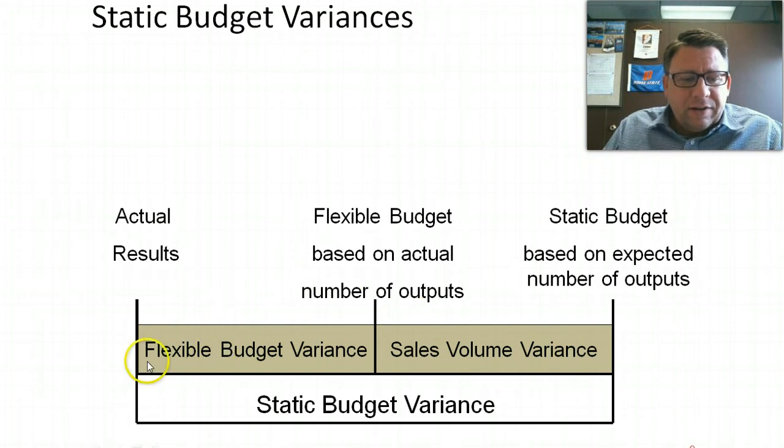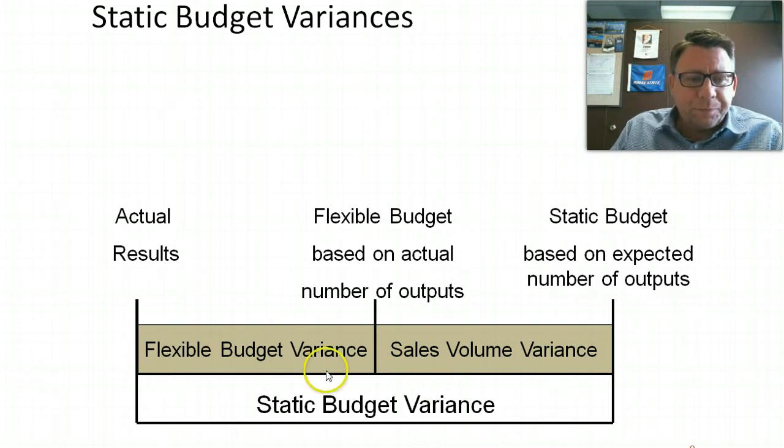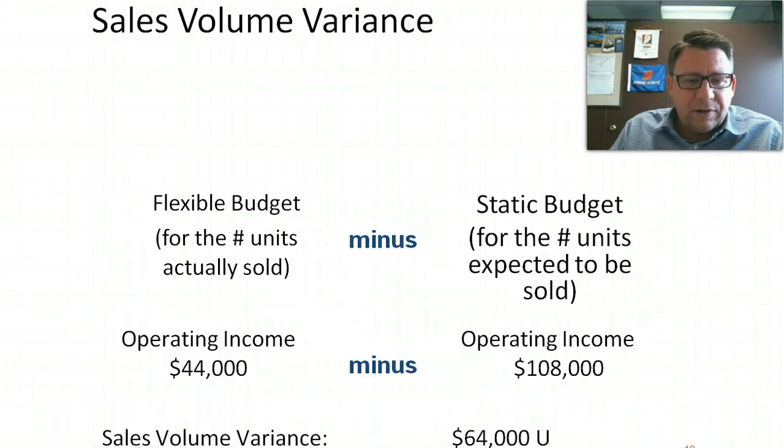And the other variance is the flexible budget variance. The flexible budget variance tells us how much of our total static budget variance was caused by different costs per unit and different prices per unit than what we had planned, but our volume is exactly the same. Those two together create the static budget variance.